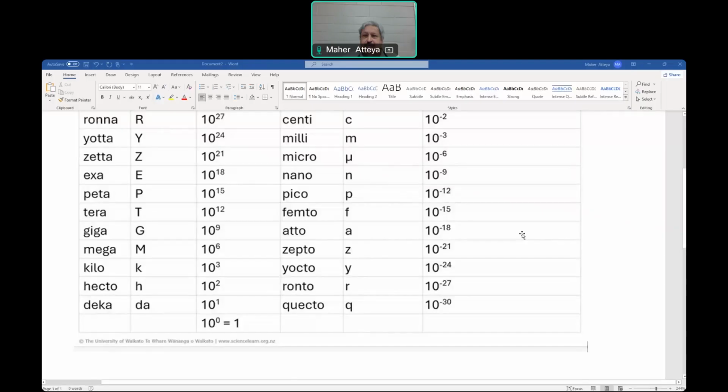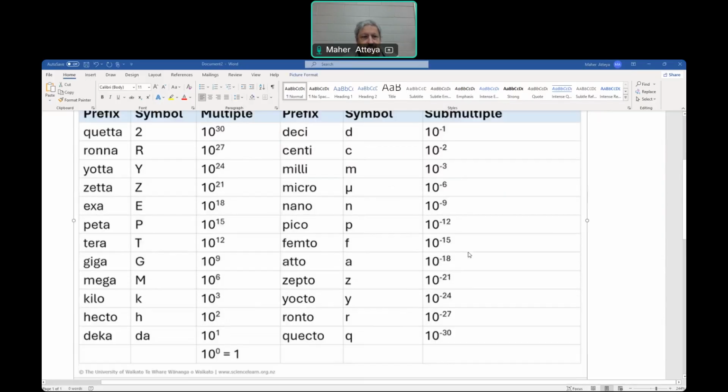See if this is working. Yes, it's working. So we are still on recording. I'm maximizing and sharing Microsoft Word. Now I'm sharing with you guys the metric prefixes.